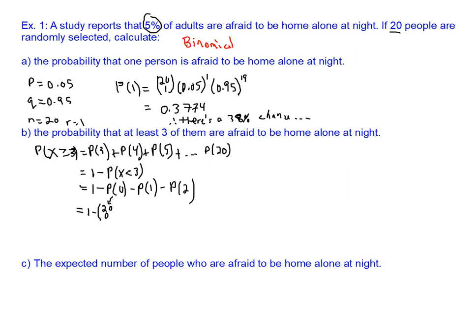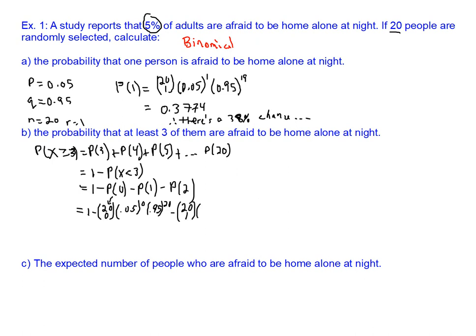We want 0 of them to be afraid of being home alone, times the probability to the 0. You could probably leave this out, but I'm going to put it in just for clarity. Times the probability of failure. If there are no successes, then there must be 20 failures. And then we repeat this for the probability of one person being afraid, so it's 20 choose 1.